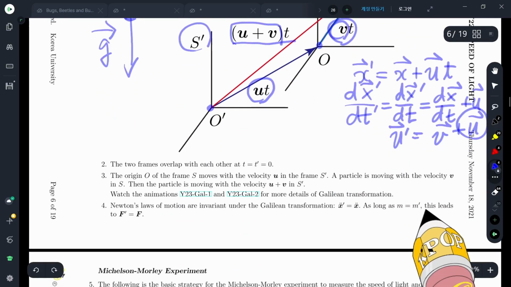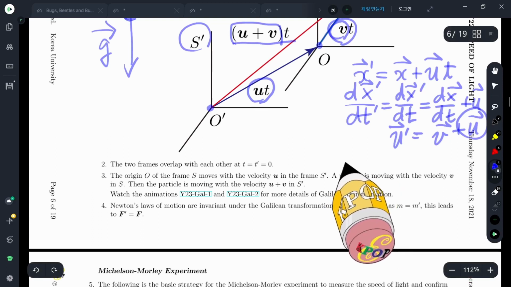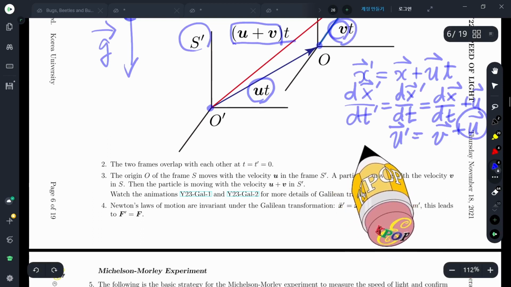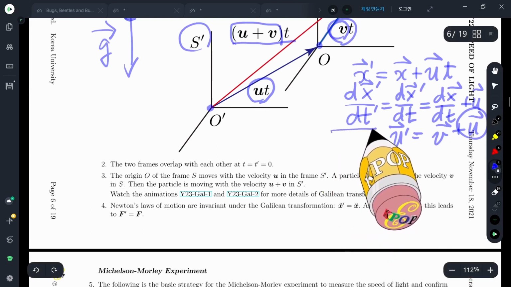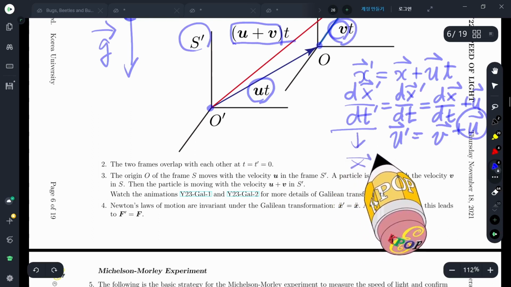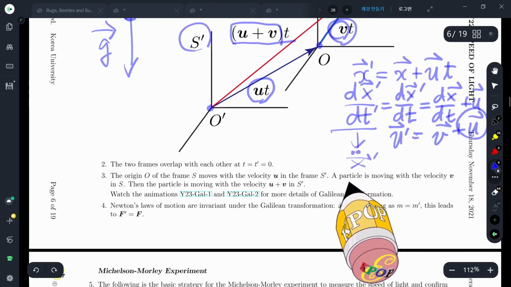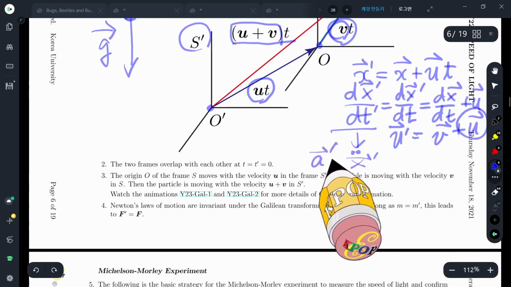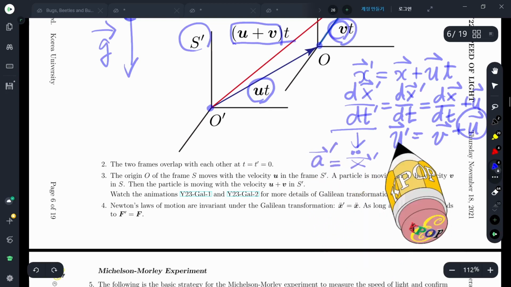If you take another time derivative, you will find acceleration. Here, this one becomes x prime double dot, that is the acceleration in the frame S prime.